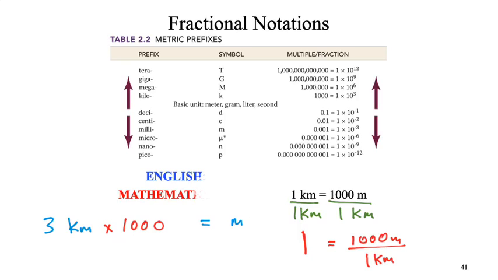What'd you do? I don't want kilometers as a unit. I had to divide out the kilometers. How many kilometers did I divide out? 1. I also want what unit as an answer? Meters. Where did this come from?